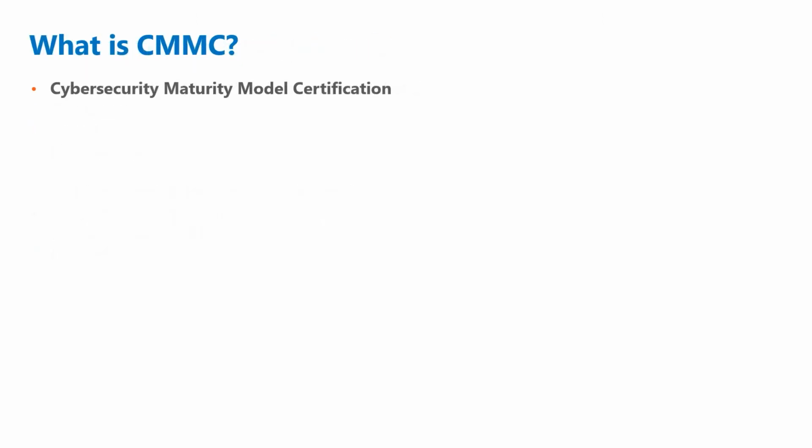So CMMC, as I mentioned before, stands for the Cybersecurity Maturity Model Certification. And unlike all of the other DoD-related compliance frameworks, this is an actual certification. Previously, contractors just attested that they met certain requirements, and then they would maintain documentation like system security plans and plans of action and milestones, POAMs, that said where they were on their security journey.